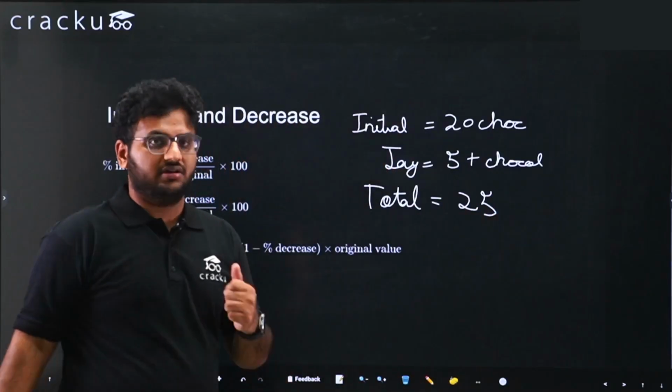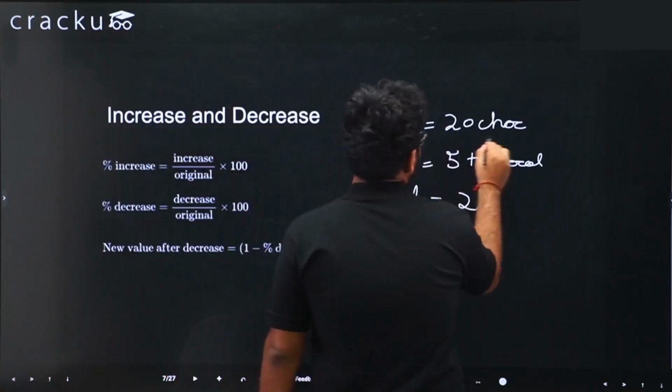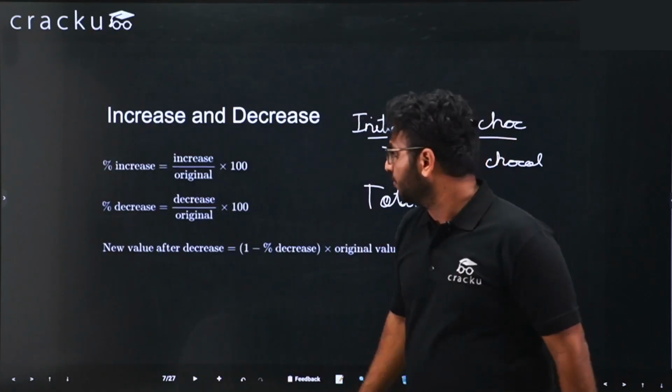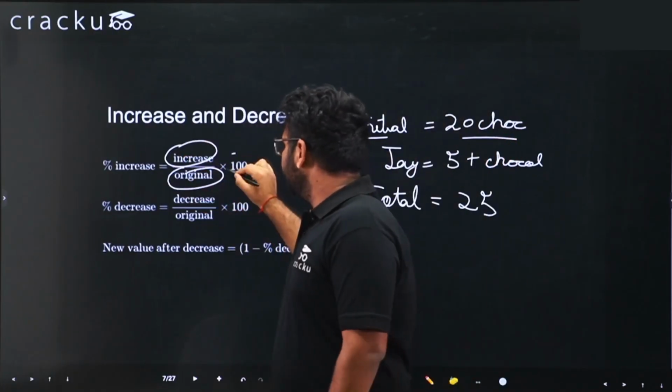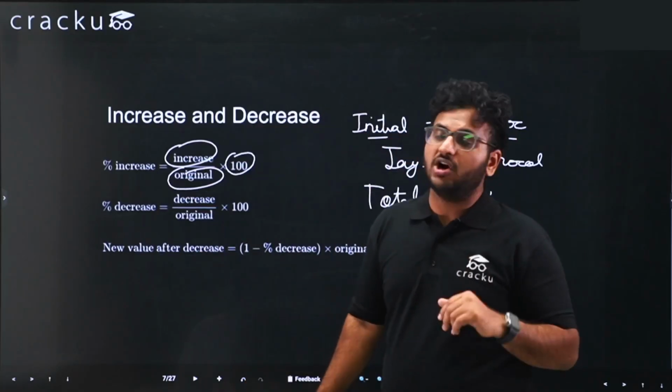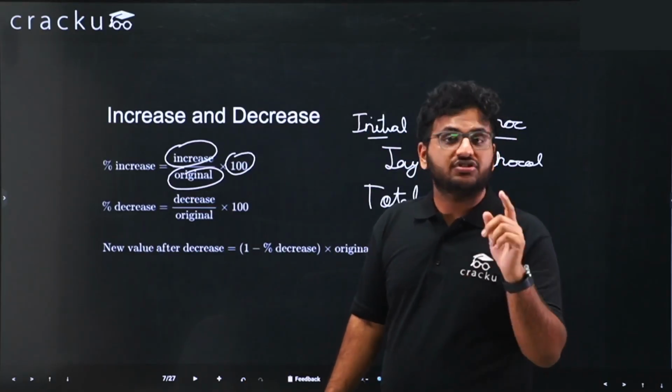Initially I had 20 chocolates. So the percentage increase would be what? Increase divided by original into 100. So increase is what? My friend gave me chocolates, so that would be the increase.